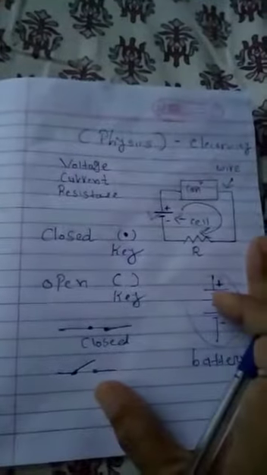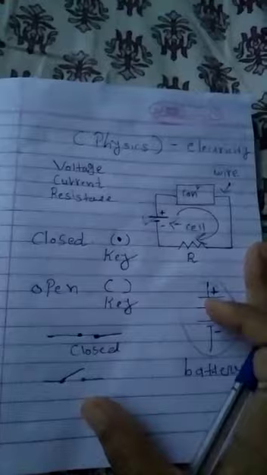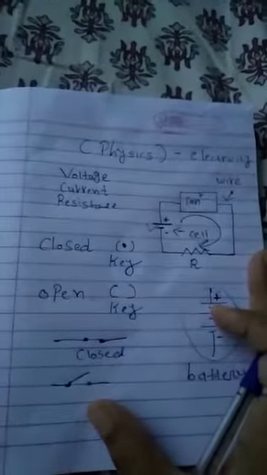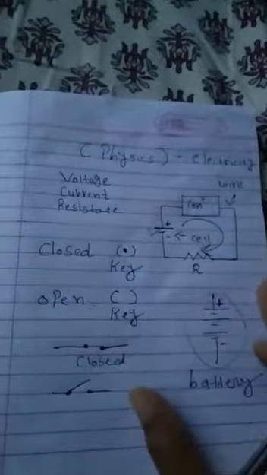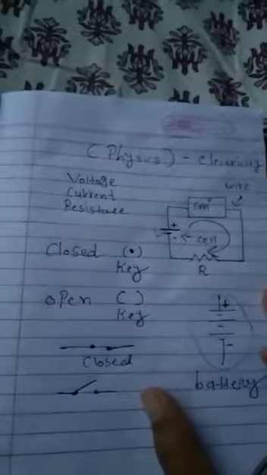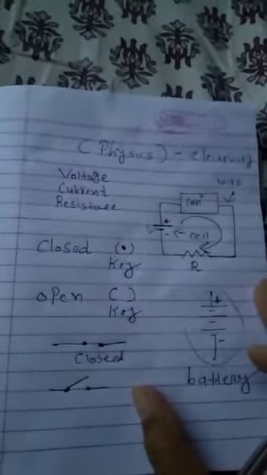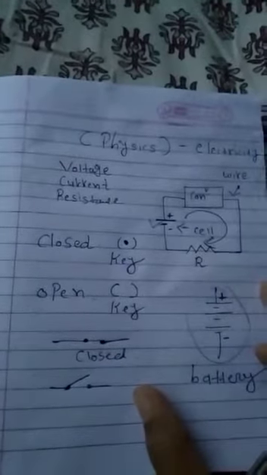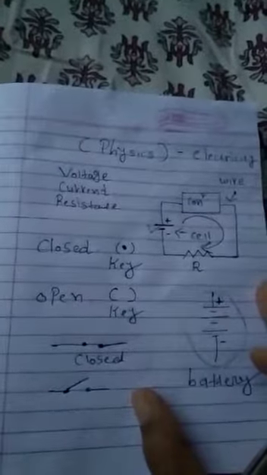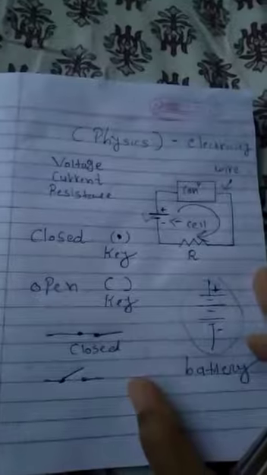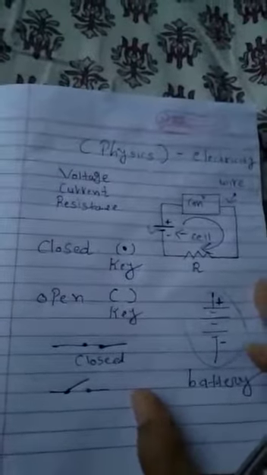Now the combination of electronic components: resistor, battery, cell, ammeter, voltmeter. From the voltmeter we measure the voltage, from the ammeter we measure the current, right?